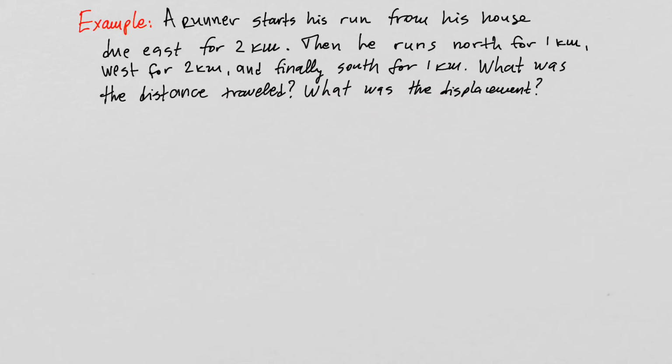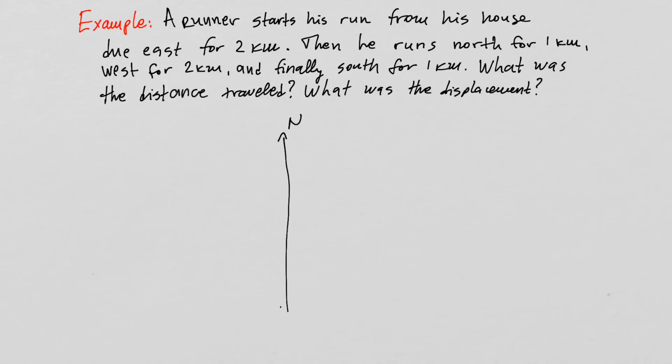So for those types of problems, it is very beneficial to introduce a reference frame, such as a map with directions east, west, north, south, in which we can sketch the movement of the runner. So here is the map.